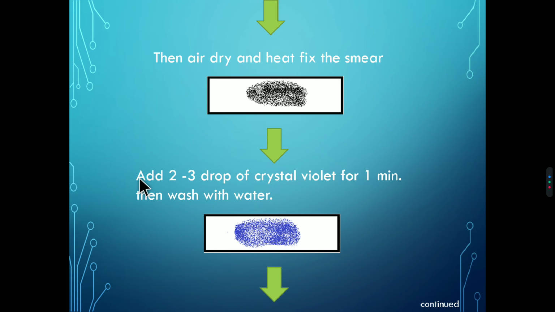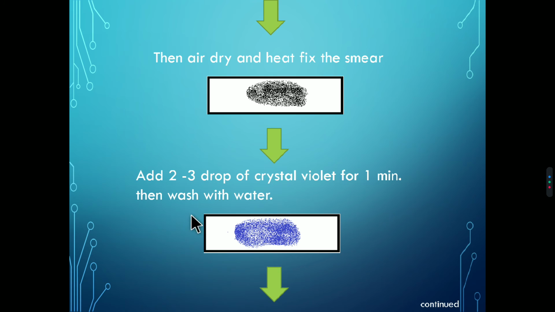After air drying, add 2 to 3 drops of crystal violet for 1 minute. Then wash with water. The mechanism of crystal violet is that the bacterial cell comes in contact with crystal violet and retains the crystal violet color, and the smear becomes blue.